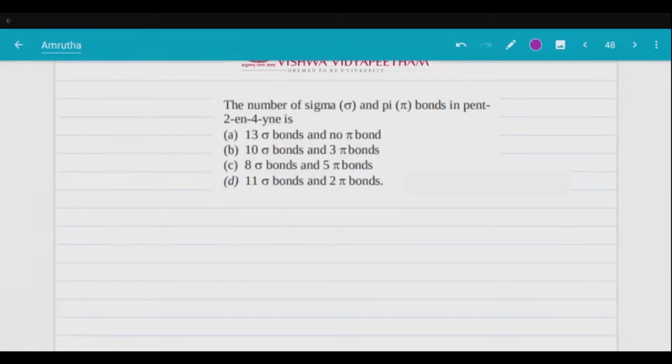Everybody should get the answer. In the first attempt, you should give the right answer.